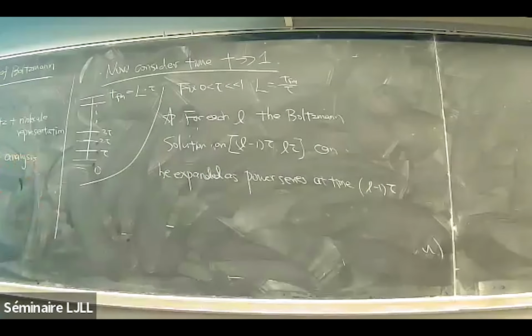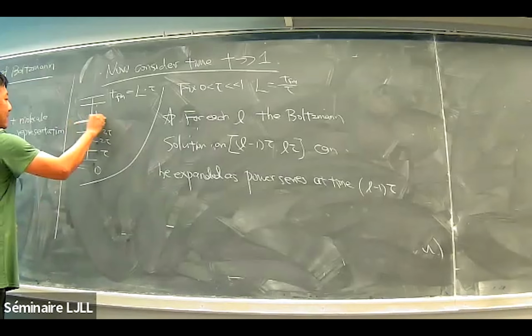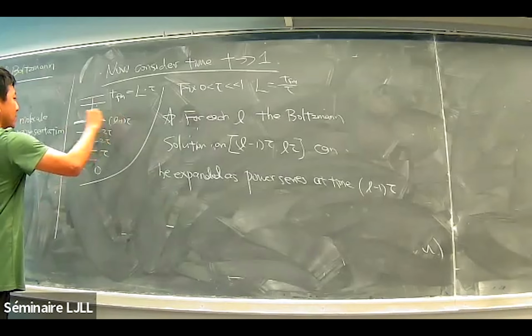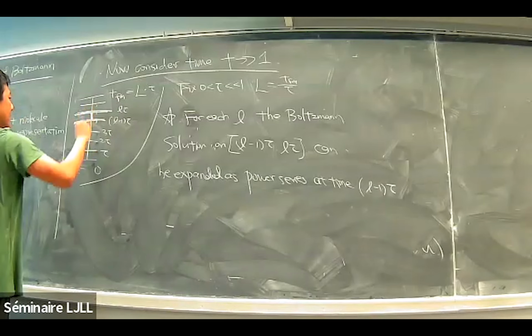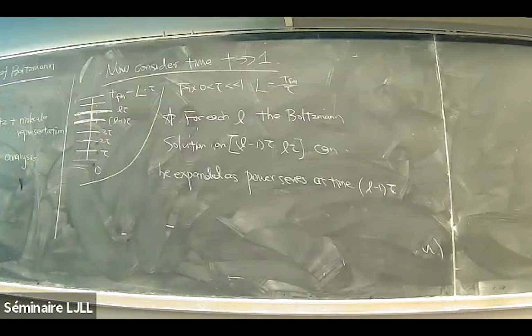Okay, so basically we try to go from this. In general, you have (L minus 1) tau to L tau. Okay, we try to do this timing.